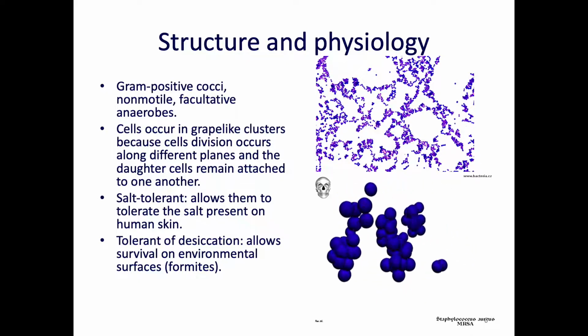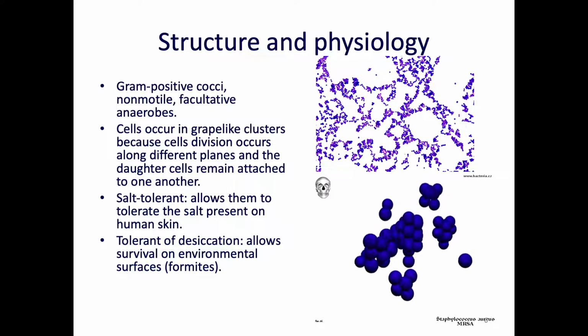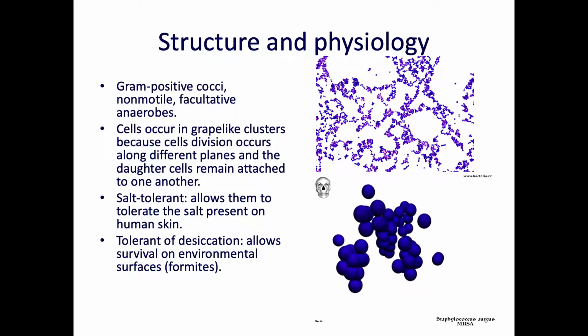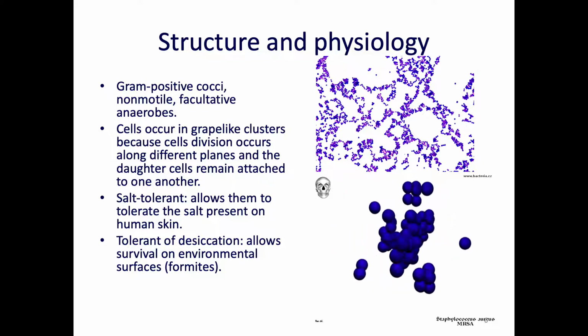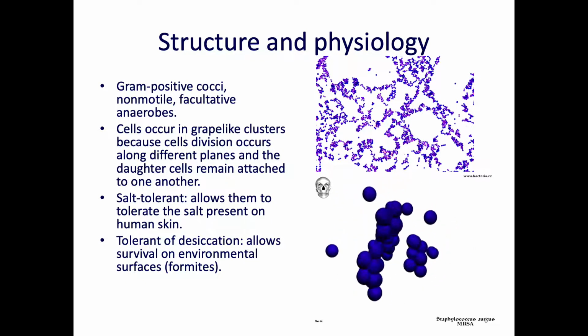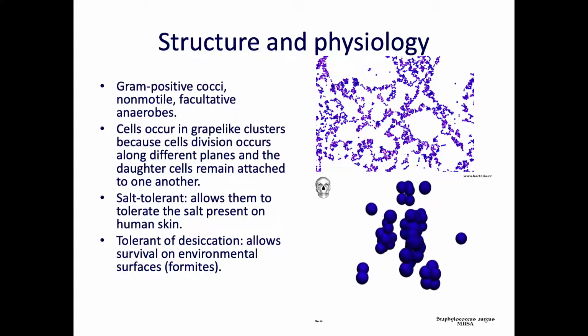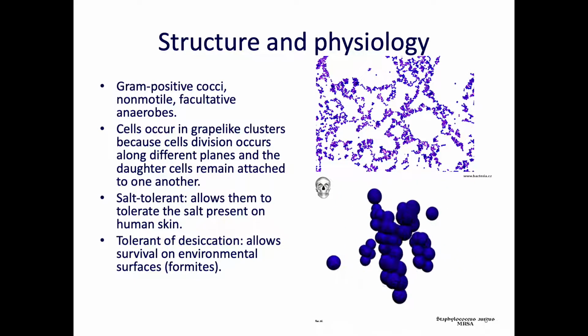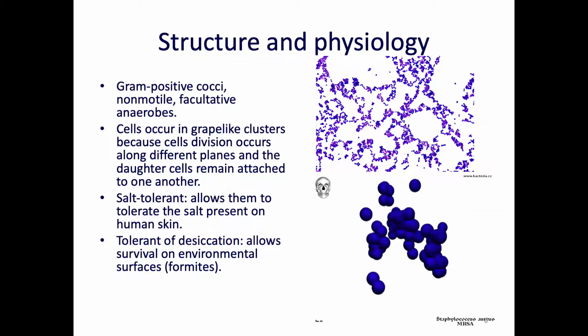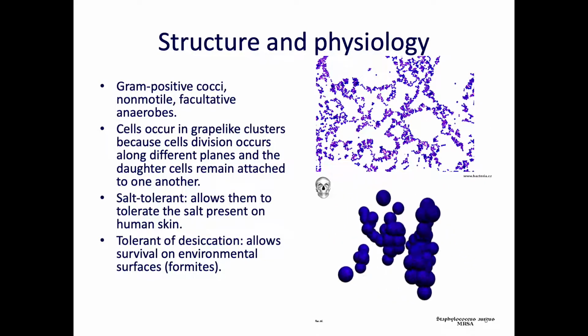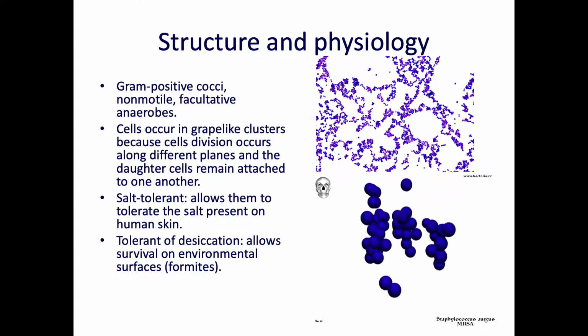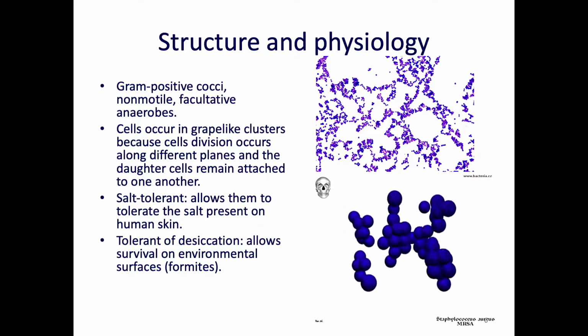What is interesting about these bacteria is that they are salt tolerant. This means that they can survive in salt, which is present on the human skin. And this is one of the properties of the pathogenic bacteria.